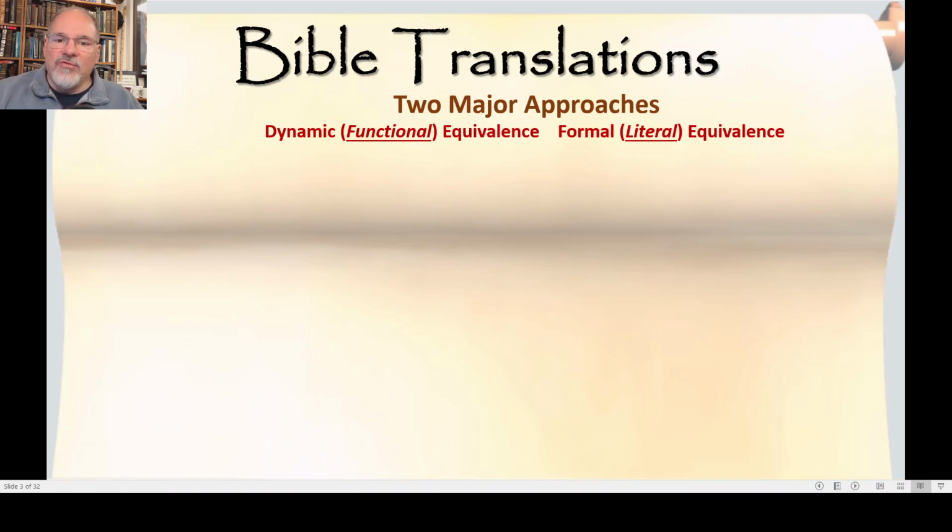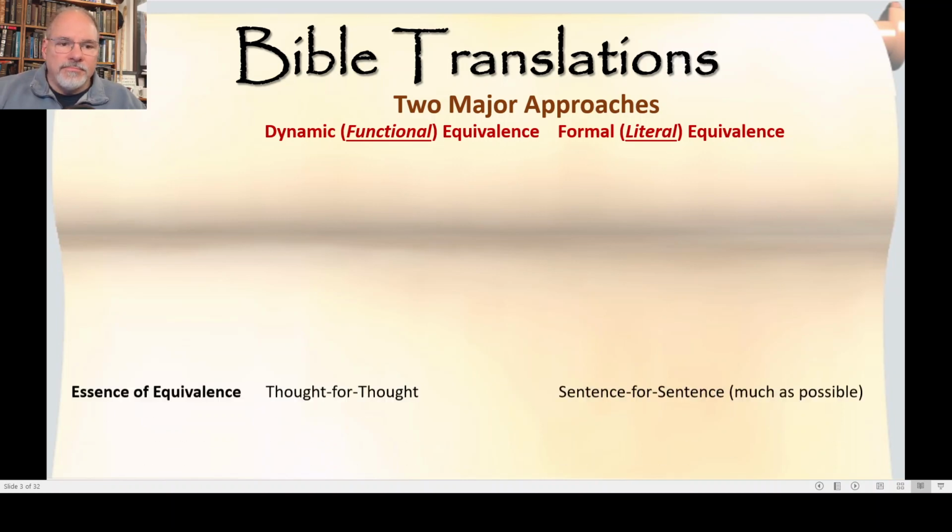And then there's formal equivalence, or these versions are more literal, trying to adhere to the text of the New Testament, and Old Testament. But we'll concentrate on the New Testament because that's really the biggest issue when we get to versions. The changes really occur in the New Testament.